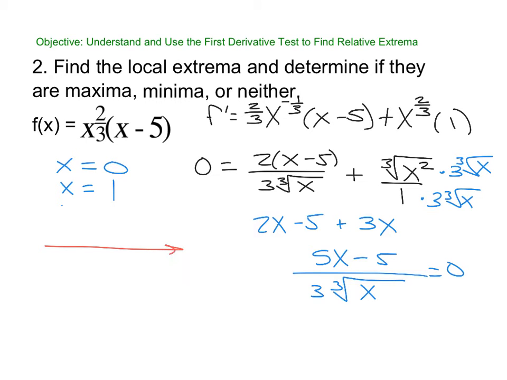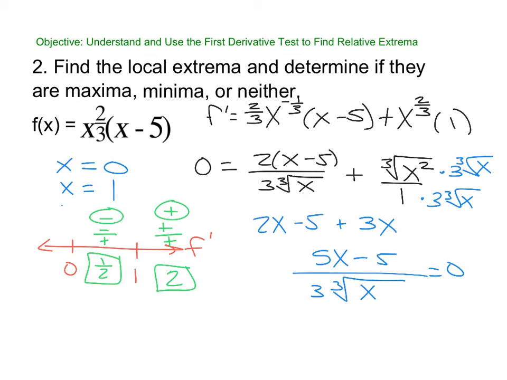All right, so now f prime. I'm going to plug in 0 and 1, pick some numbers on either side. So if I plug in 2, that's a positive. That's 10 minus 5, a positive over a positive. If I plug in a half, that gives me a negative on top. The bottom's always positive, so a negative, and then I plug in negative 1. That gives me a negative on the bottom. Right, the cubed root of a negative is a negative, and then a negative on the top, so I get a positive.